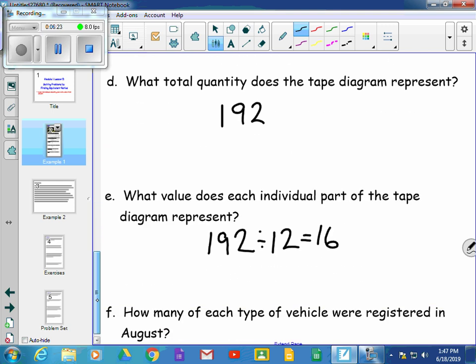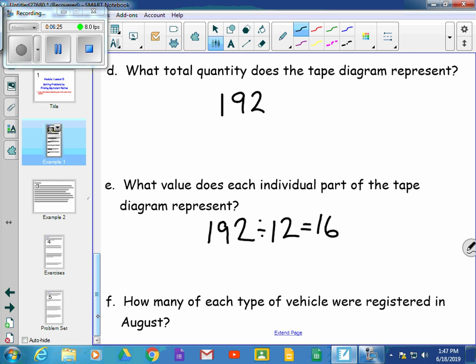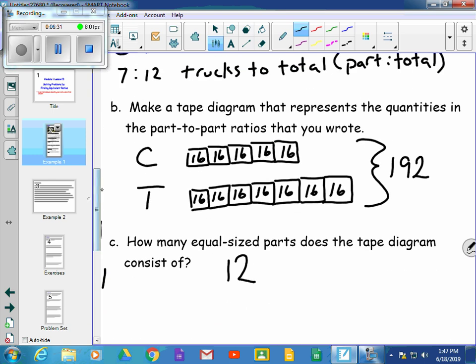Next question. How many of each type of vehicle were registered in August? So if I go back to my tape diagram, I want to know how many cars were registered. That's this whole entire top bar. There are 5 pieces of 16. So 5 times 16 tells me there's 80 cars registered.